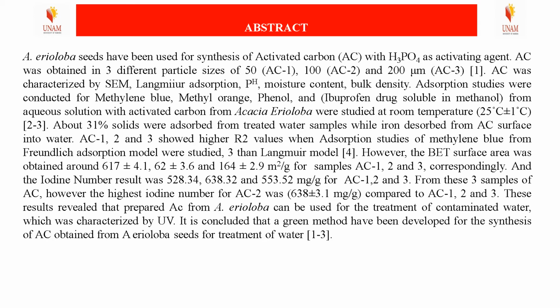These results reveal that the prepared AC from Acacia erioloba can be used for the treatment of contaminated water, which was characterized by UV. It is concluded that a green method has been developed for the synthesis of AC from Acacia erioloba for treatment of wastewater.